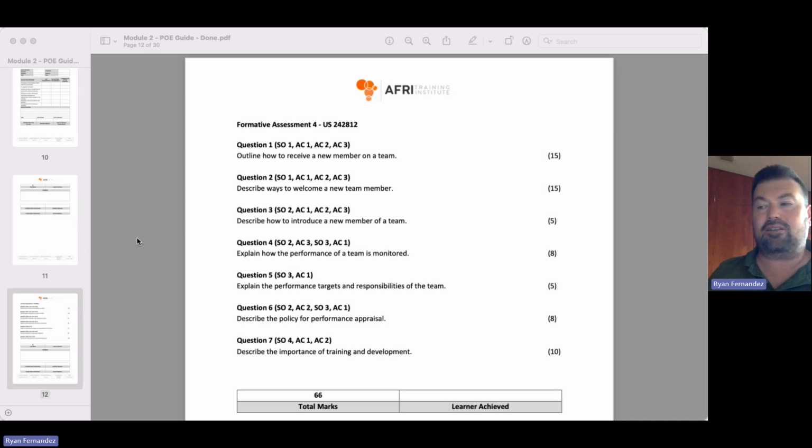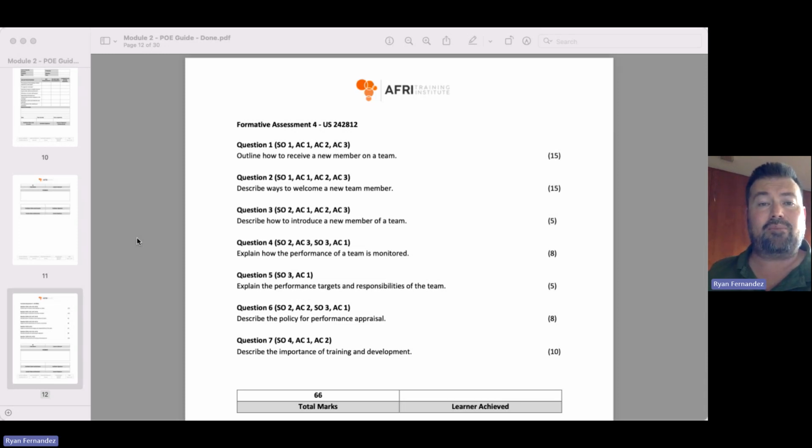How would you introduce them? How do you find their skills? How do you team them up with someone? What information do you give to the people that you are inducting? That's a good way for the assessor to know that you truly understand how to receive a new member onto a team.